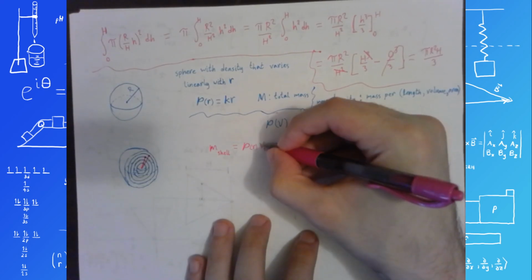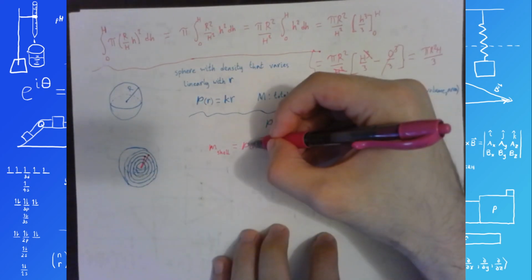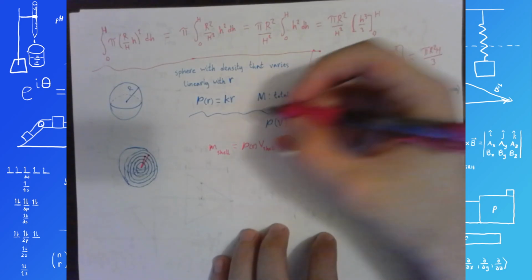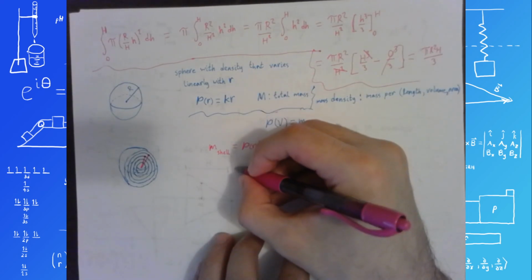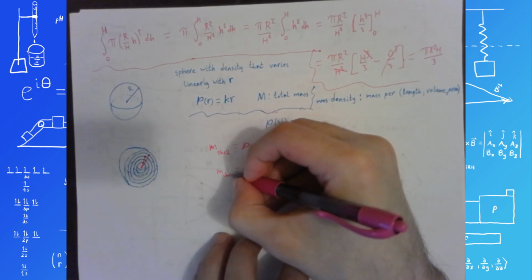Okay, density, we can just rewrite it as Kr, so the mass of an individual shell.